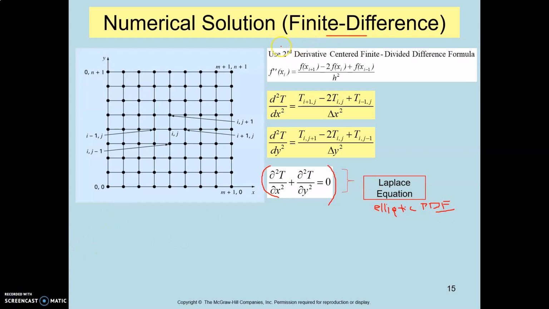So if we refer to the second derivative center type of numerical differentiation, you can see this is the formula for f double prime xi.